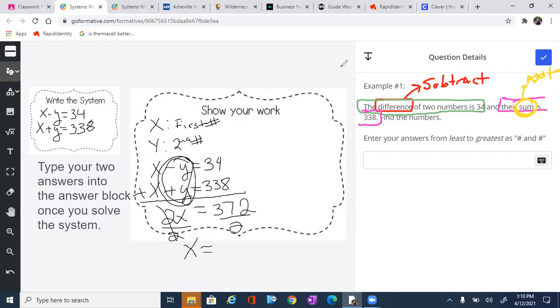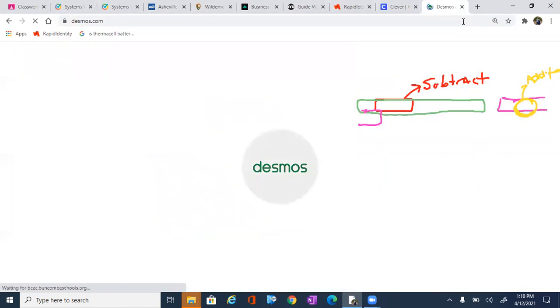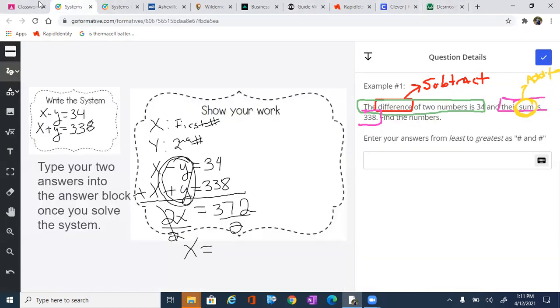I can't remember. We can do the math real quick, but we can also go to Desmos, and I'm going to do 372 divided by 2, which is going to be 186. Okay, so 186.